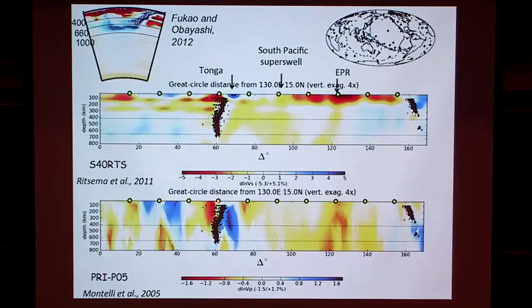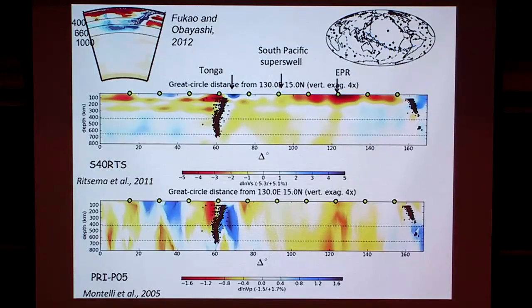You can believe that there are slow velocities somewhere; the station averages are basically slow here and there's some fast here. But the depth dependence is probably not right. I'm showing it because, especially in the upper mantle, these models are not very well constrained with only P waves or only S waves. Okay.